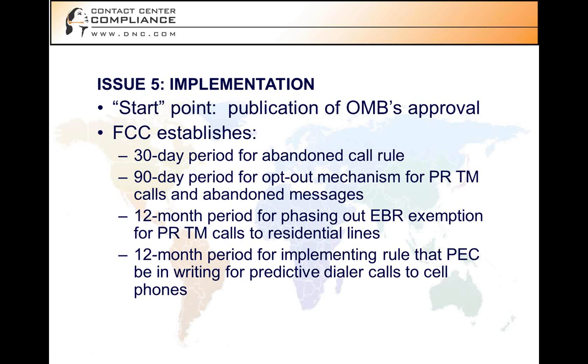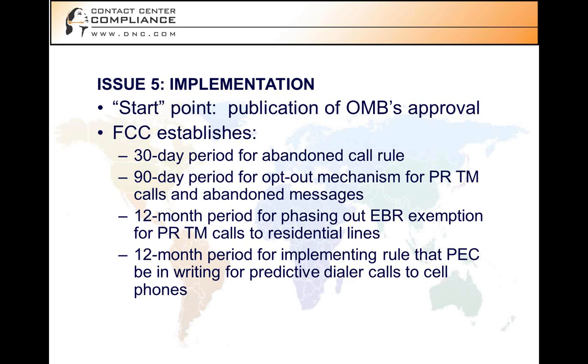Implementation, key issue, because this lets telemarketers know how long they have in order to comply with these new rules. The starting point is the publication in the Federal Register of the Office of Management and Budget's approval of these new regulations that have been issued by the FCC. Now, I'm not sure exactly why. I haven't even looked into the issue of why the start point is the publication of the OMB's approval.